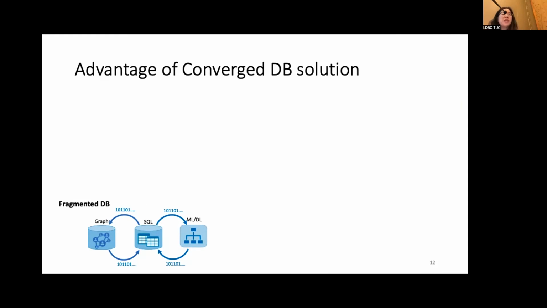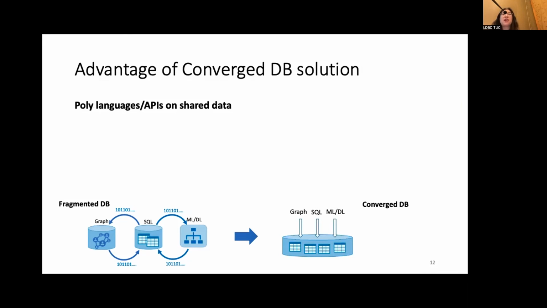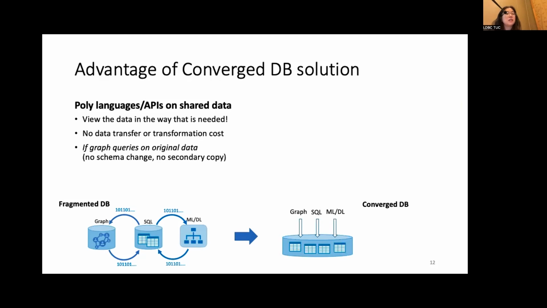Within the fragmented database world, you have to move data from one system to another for your pipeline. Whereas in the converged database world, you have the poly-language API and the shared data. So essentially, you just view the data in the way that is needed. Whether it's SQL, graph, or ML, they can work synergistically on the same store and the same data, and no data transfer or transformation cost is needed.